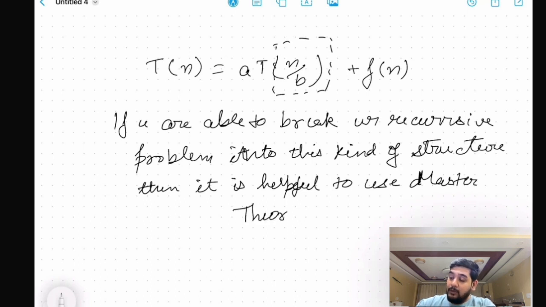Now this is just a basic relation: how the recurrence relation should look in order to use the master theorem.